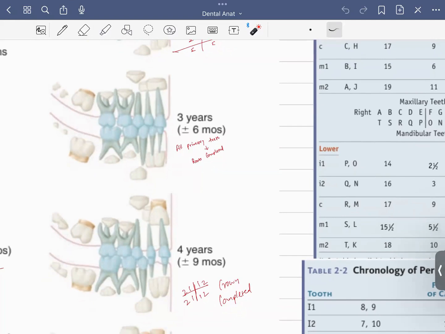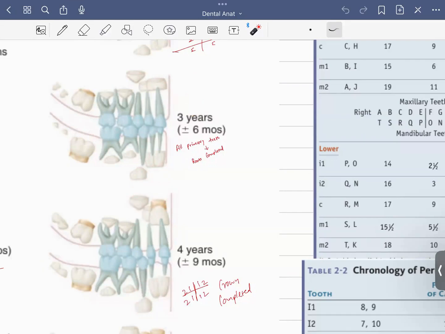If you see the maxillary central and lateral incisor, permanent central lateral incisor here, if you see here the maxillary and mandibular, the crowns are not completed. If we talk about 3 years, the crowns of the maxillary and mandibular central incisor are not yet completed. But when you go to 4 years, crowns of the central incisors are completed.